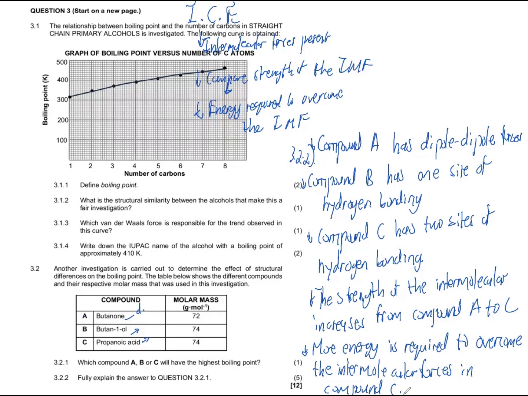Compound B has one side of hydrogen bonding. Compound C has two sides of hydrogen bonding.